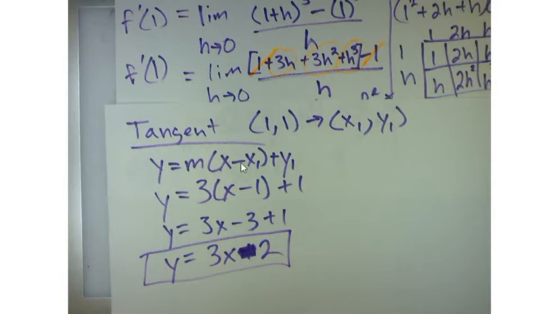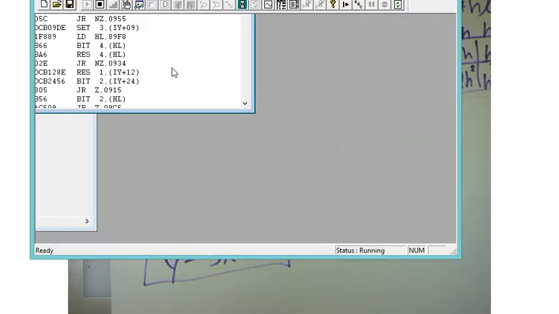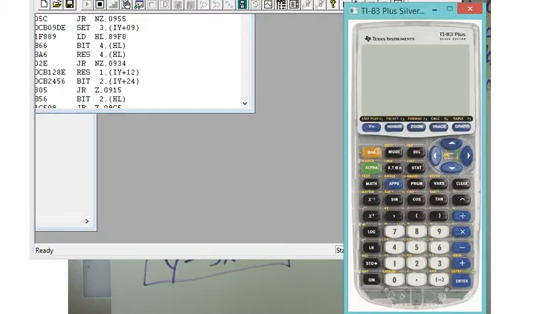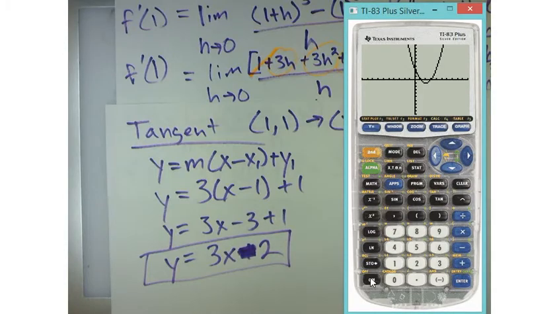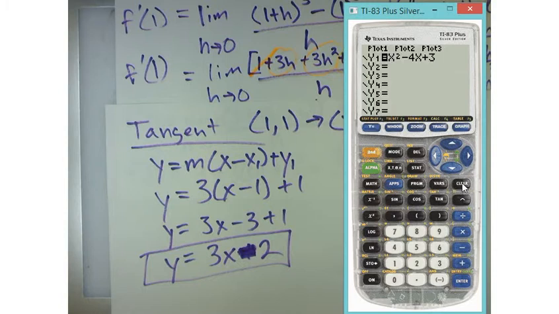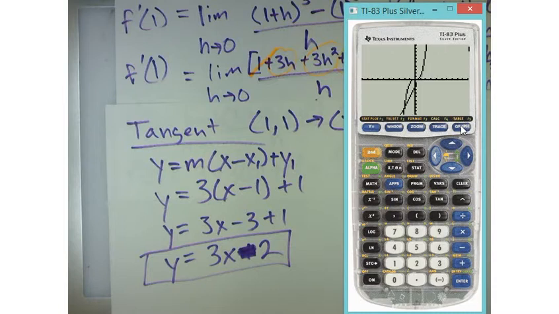Now, how could I verify that? Graph them both. So what I'm going to do is turn on my calculator, and I'm going to graph the parent function, which is going to be x cubed. And then I'm going to graph my tangent line, 3x minus 2, and they should intersect at what point? 1 comma 1.